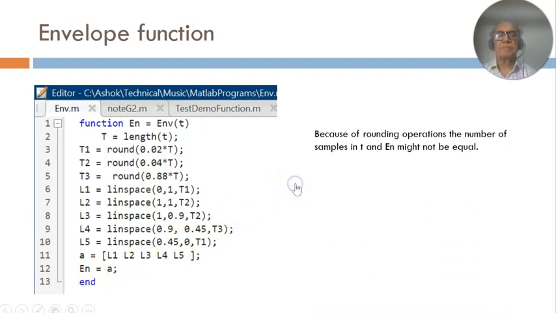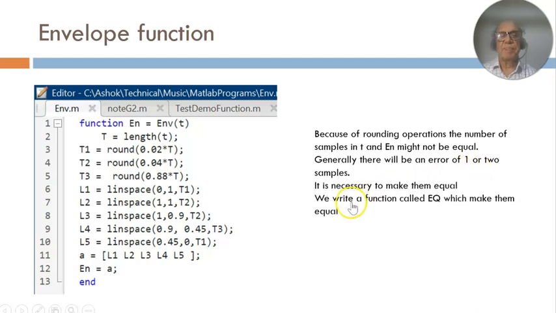Alright. One thing to note is that because of rounding operations, the number of samples in T and En might not be equal. In fact, you might get an error of say one sample or 2 samples. But it is necessary to make them equal.